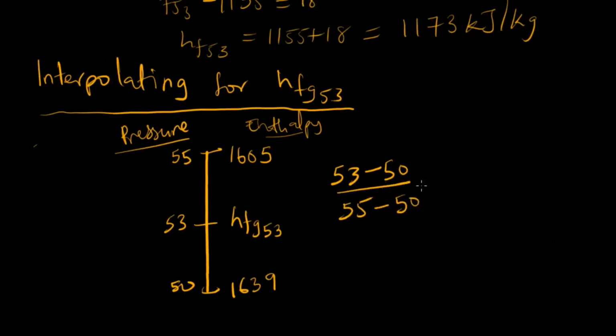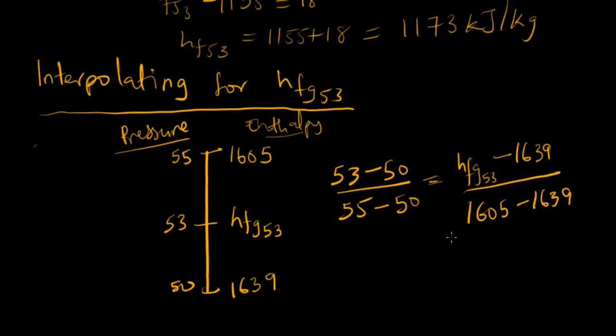That's for the left hand side, which is equal to, on the right hand side, HFG53 minus 1639 all over 1605 minus 1639.